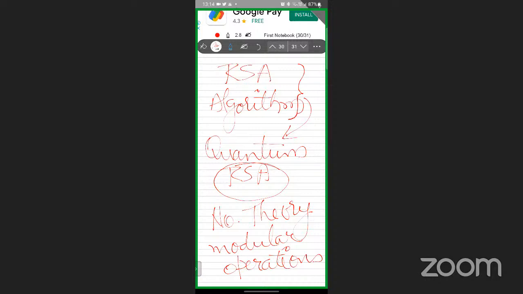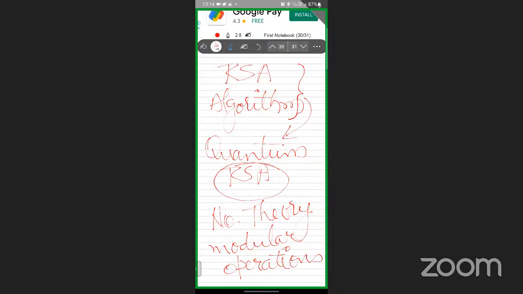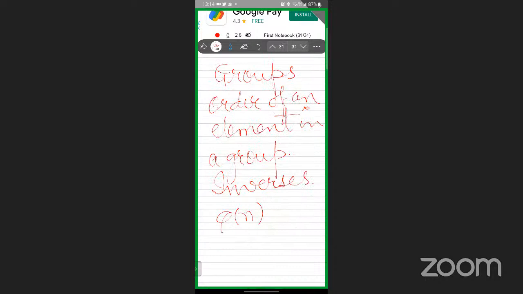You are talking about quantum RSA, you are talking about a quantum discrete logarithm problem, then you are talking about quantum elliptic curves. To do quantum RSA, you should know RSA, and to know RSA, you should know this basic mathematics. Groups, rings, order, so on.